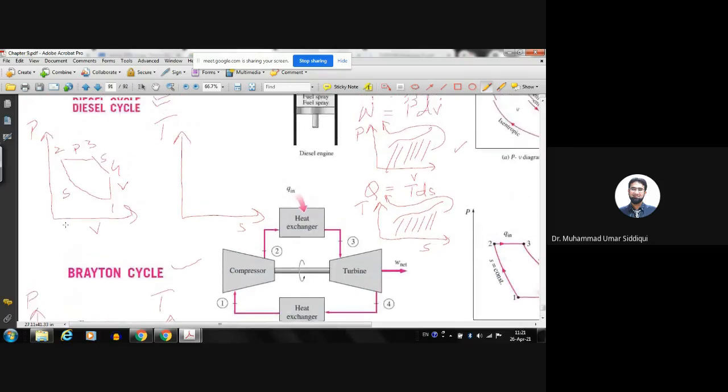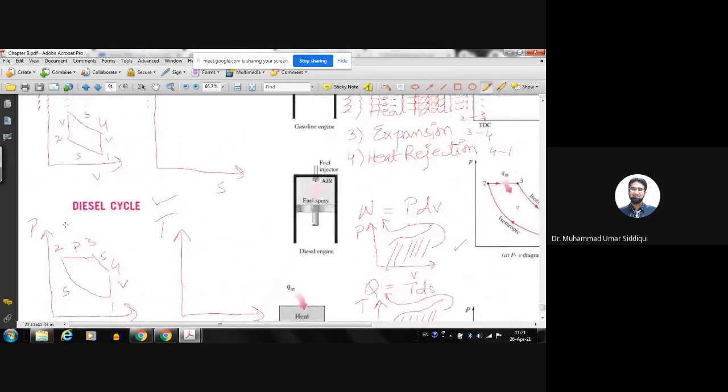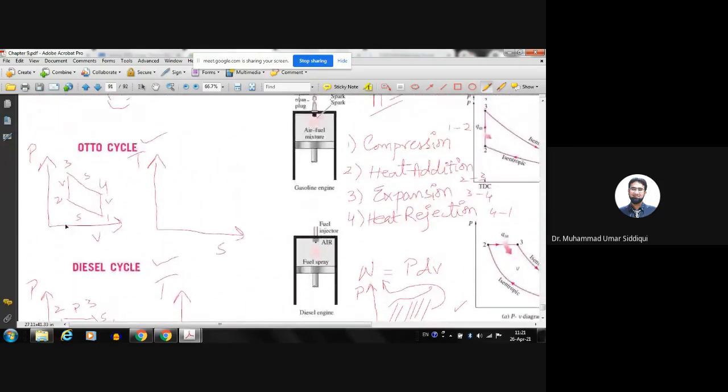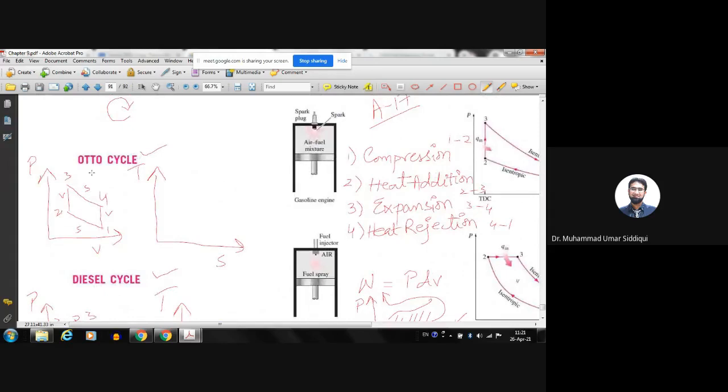Okay. So if I want to write the processes in any cycle, let's talk about the processes in the Otto cycle. We have isentropic compression, then constant volume heat addition, then isentropic expansion, then constant volume heat rejection. Make sense? This will be the Otto cycle.